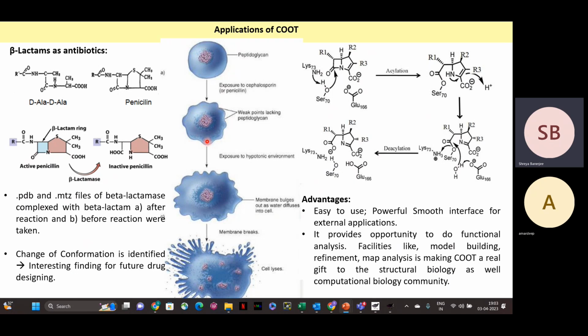If you expose this to a hypotonic environment, meaning an environment that is more dilute compared to the environment inside the cell, then the water will diffuse into the cell and the membrane will bulge. Eventually it will reach a breaking point when the bacterial cell wall breaks completely and the bacterial cell is destroyed. This is how penicillin works.